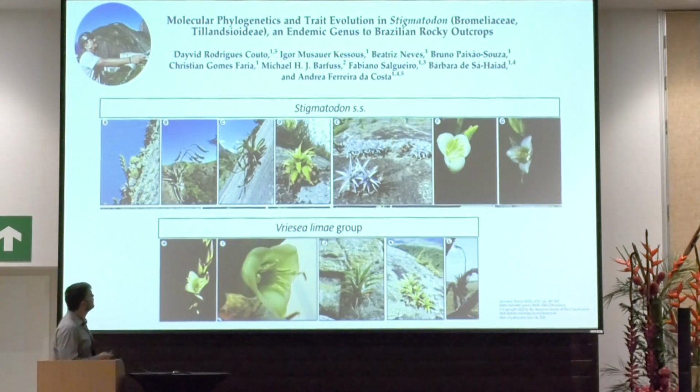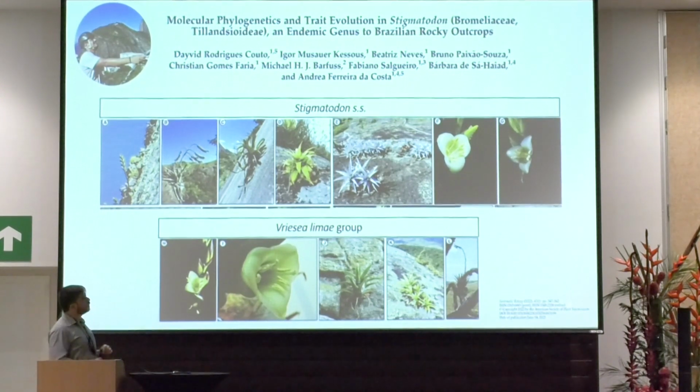And we observed during our expeditions in the Atlantic Forest that in the northern part of the Atlantic Forest, and in countryside Brazil as well, we observe a group of Vriesea called the Vriesea Lindl group that resembles the morphology of Stigmatodon.